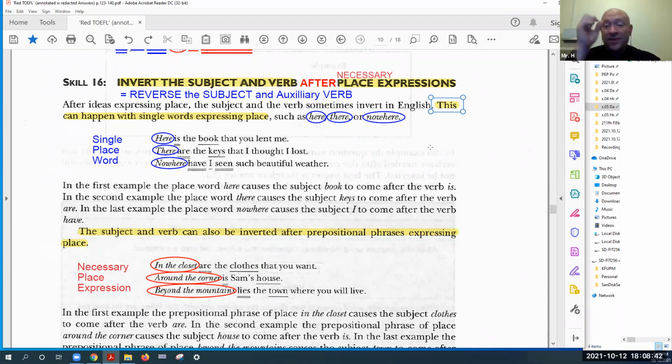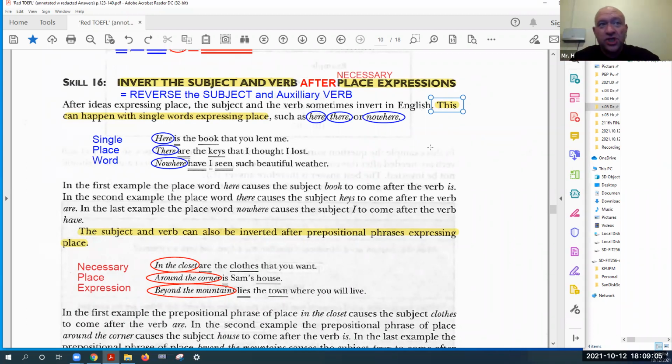So the word here, you know the word here, right? Here is a place word, right? What's the opposite? There. Here, there. Okay.